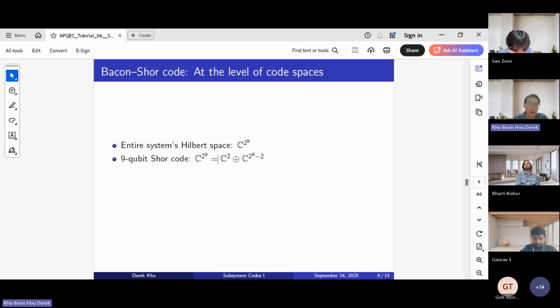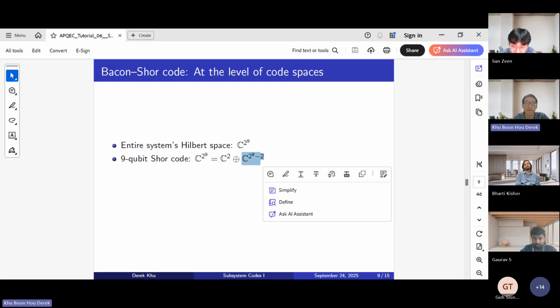So the logical subspace, which is the first entry over here, is the complex space of dimension 2 to the 1. The 1 is omitted here, but the 1 represents the number of logical qubits. So we have 2 to the 1. That's the logical subspace. And then this is just the rest.